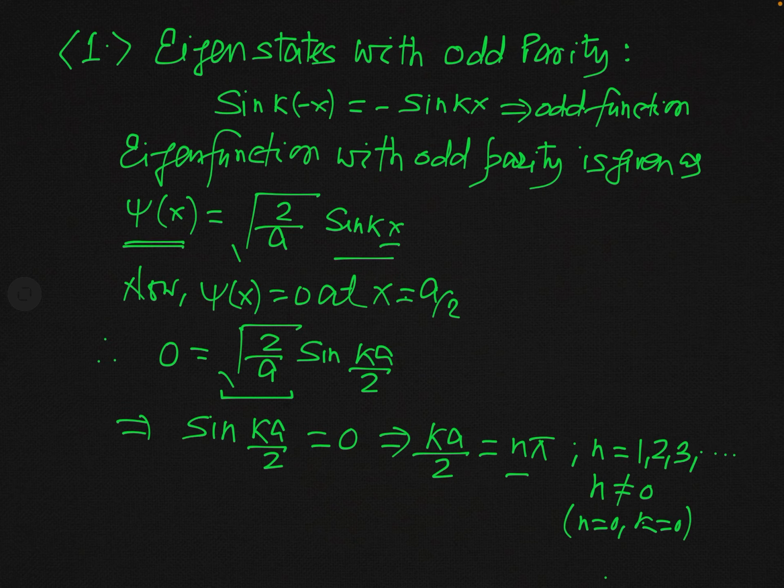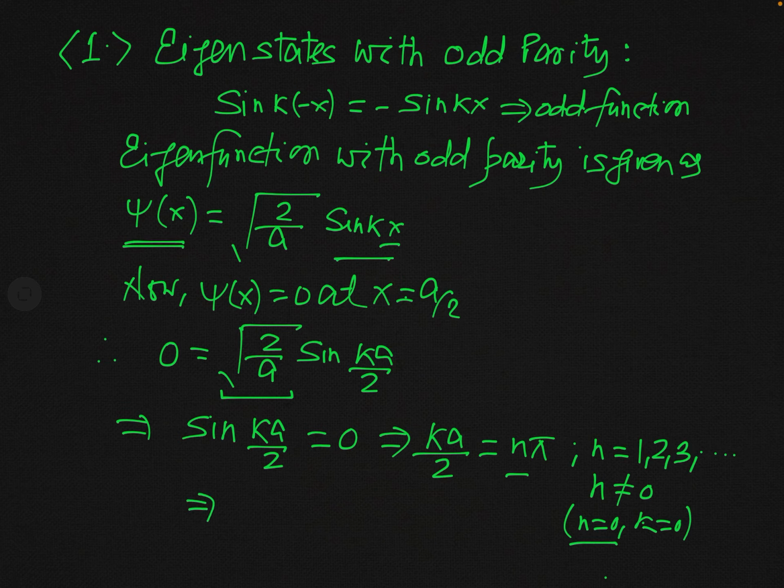And if k is 0, you can see that for all values of x this eigenfunction psi x will be 0. It means the particle is nowhere, but you know that the particle is inside the well, so n equal to 0 gives us an absurd, unphysical result. So you can't take n equal to 0. The defined values of n will definitely be 1, 2, 3 and so on.